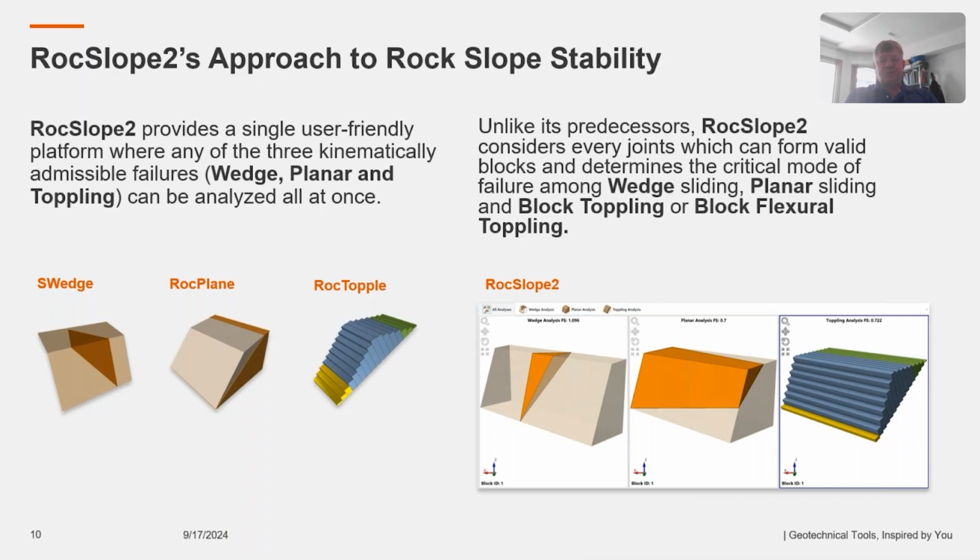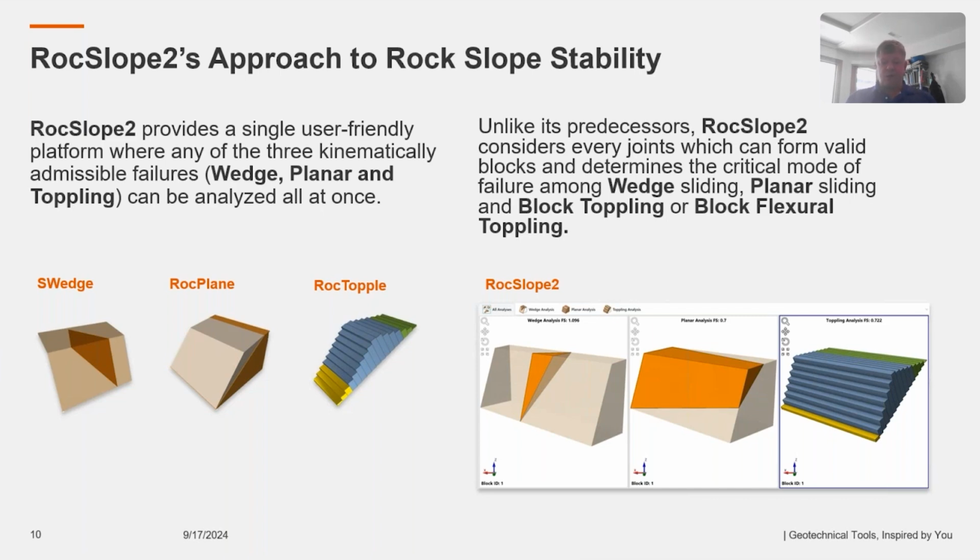Okay, so this is really the vision of RocSlope2, as I was mentioning before. With the packages S-Wedge, RocPlane, and RocTopple, which we had developed over that period of time, you basically had to use all three independently, and you had to put in your geometry independently. You had to look at each mode of failure independently, when really you should be looking at three types of failure: the wedge failure, planar failure, toppling failure.